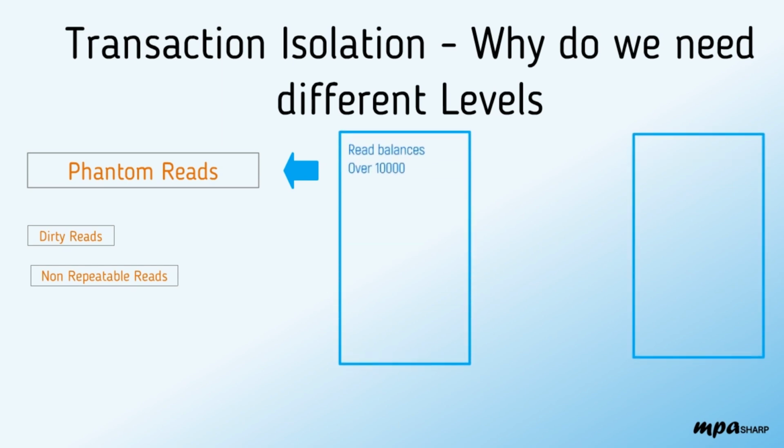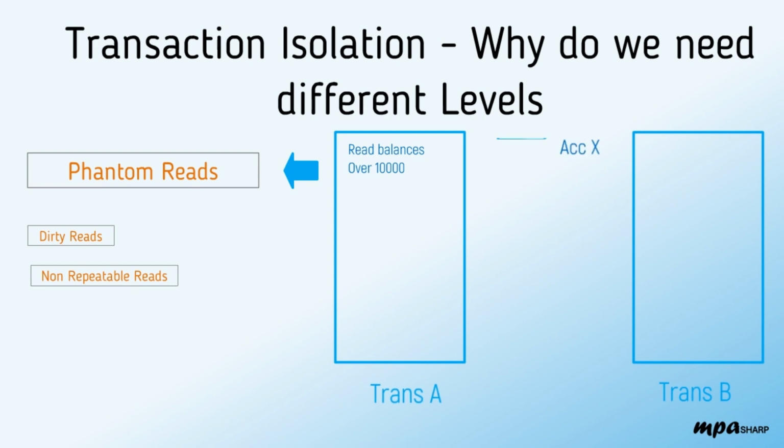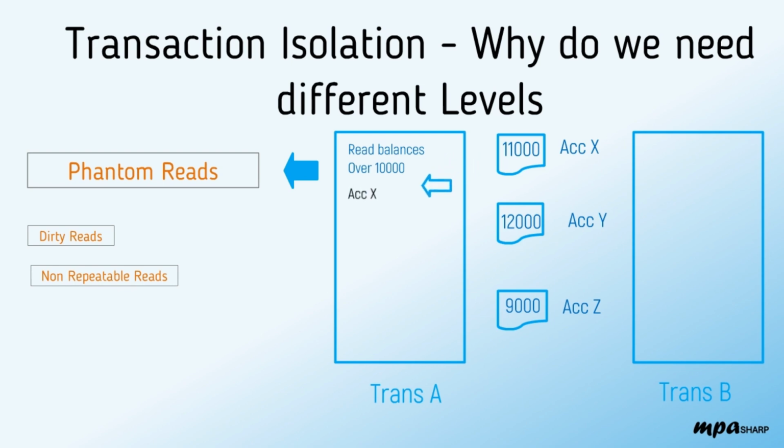In our banking example, transaction A reads accounts with higher values, for example, let's say accounts higher than 10,000 for a report. Then transaction B updates an account which was not in transaction A's list and increases the account balance to over 10,000. In this example, account Z's balance increases above 10,000.